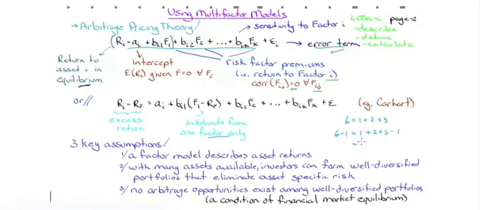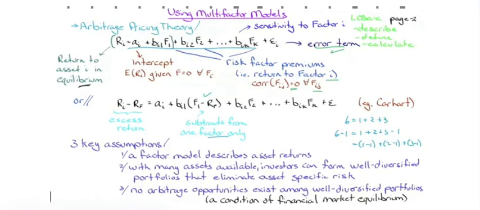You would not get 1 minus 1 plus 2 minus 1 plus 3 minus 1. You would not subtract the risk-free rate from every factor. It would only subtract from one factor. Typically, that factor will be the equity risk premium.